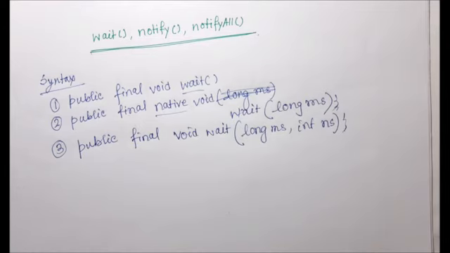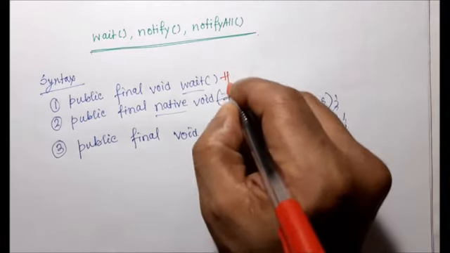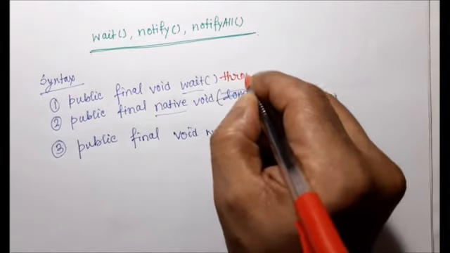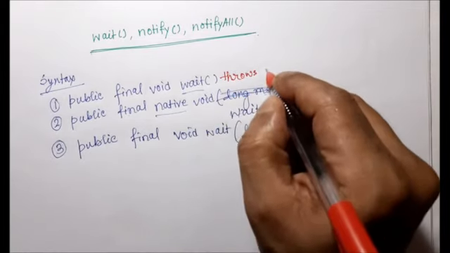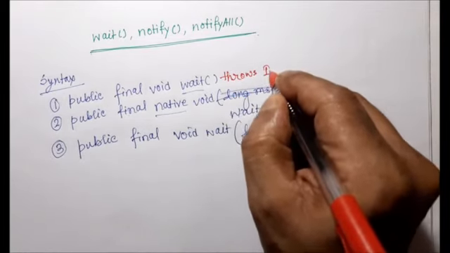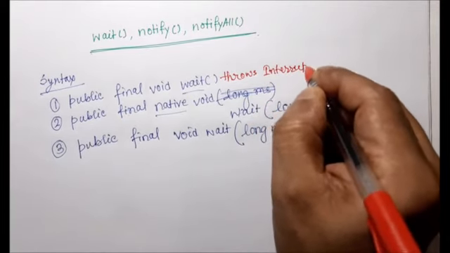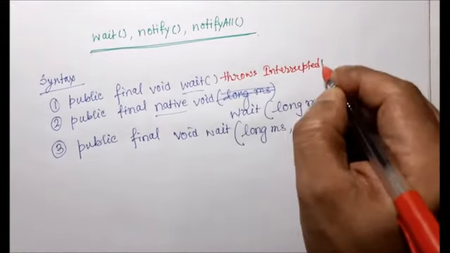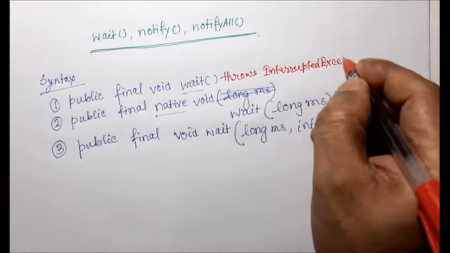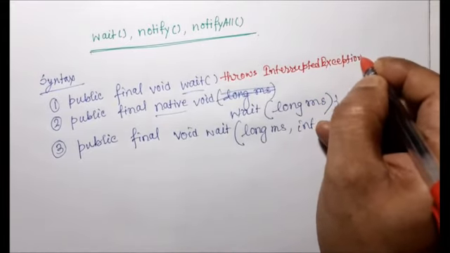So it may be interrupted, and every such method will throw an exception, so we have to write throws InterruptedException.